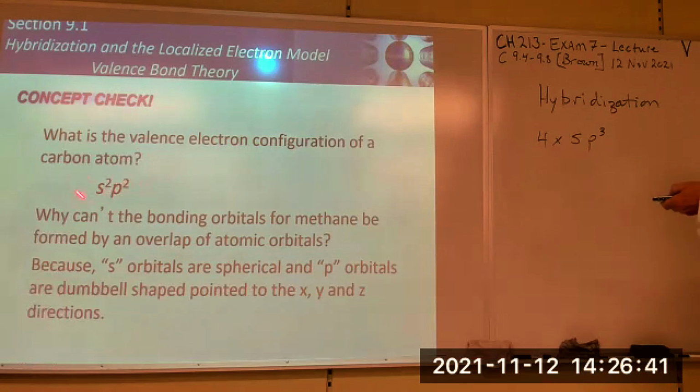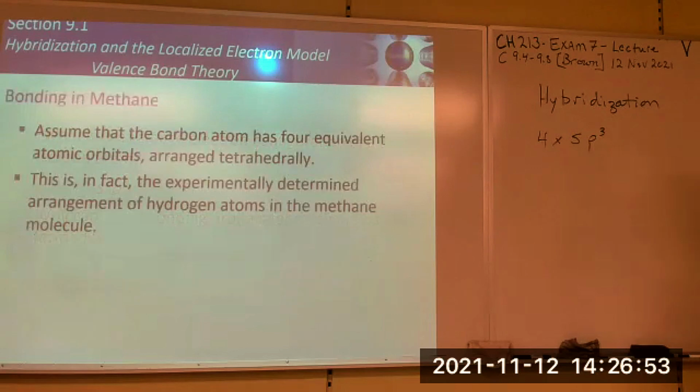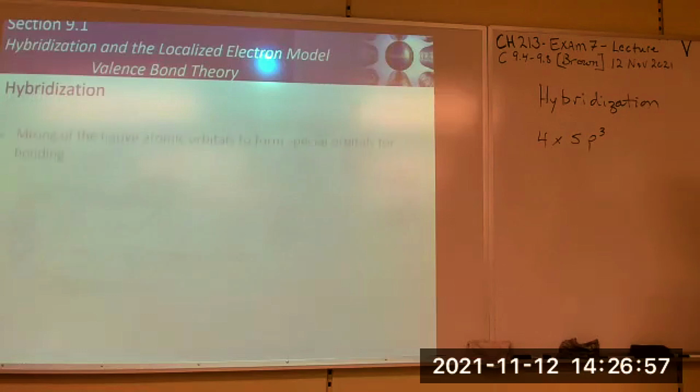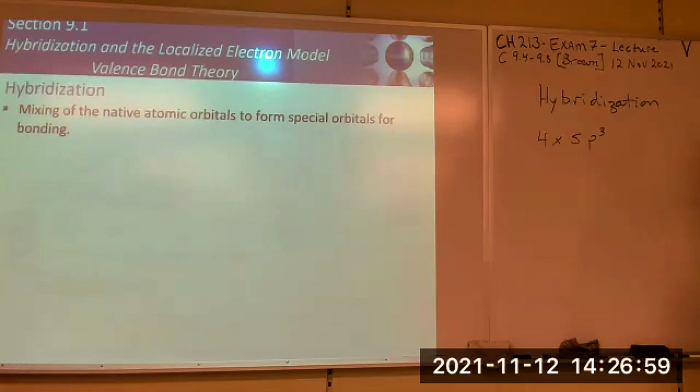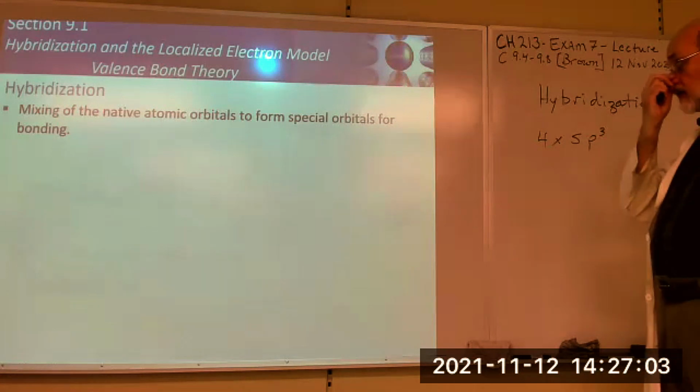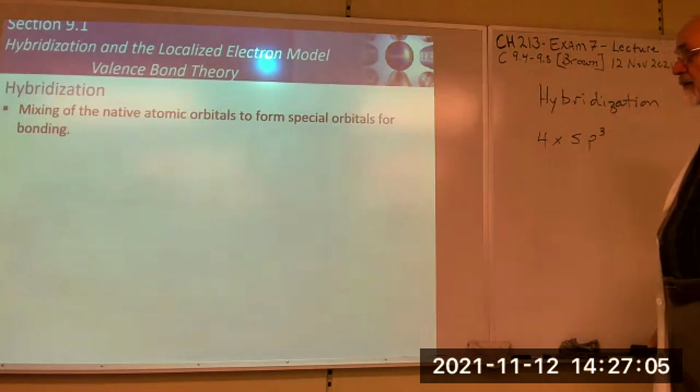We would expect, like I said, s2p2 to be the source of our bonding orbitals, but they don't work because they're oriented differently. Because the experimental evidence says that we have to have equivalent orbitals, we've got to adjust our theory to take that into account.